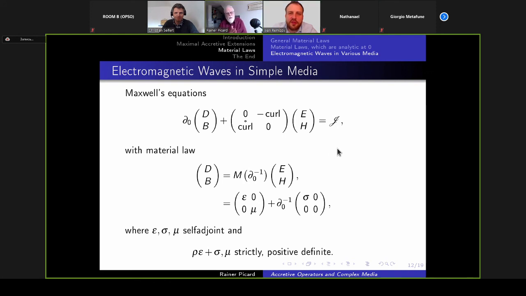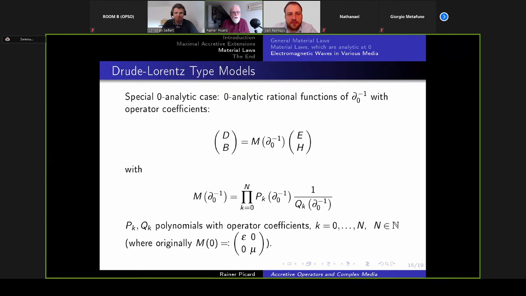That's an interesting question, because that's the thing in the background here. If you're looking at these Drude-Lorentz type models that I just introduced, you have lots of time derivative inverses involved.